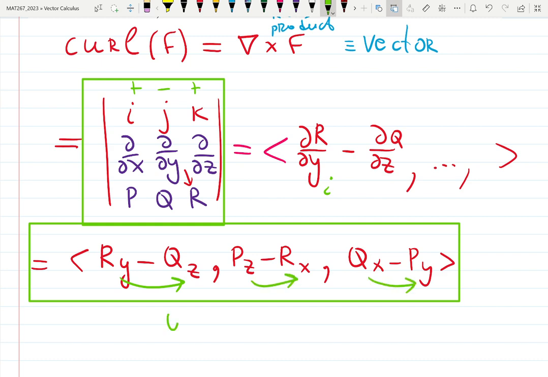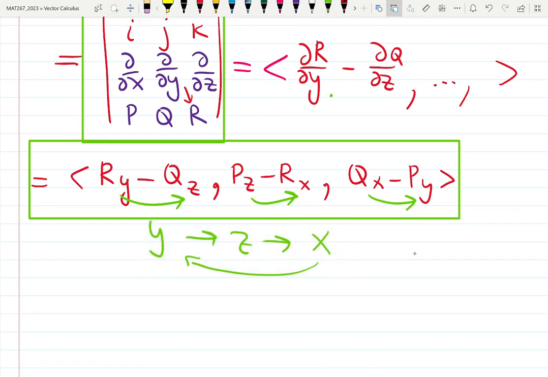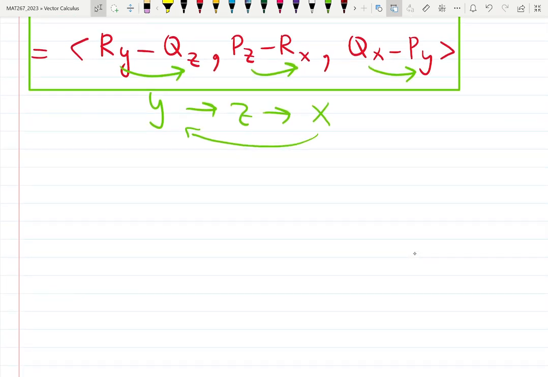So it seems like the order is y, z, x, and it goes back to y, like so. But I don't remember this box. I remember the determinant. Like so. So curl explains properties of curling, swirling, creating whirlpools. How cool is that? So let's practice finding curl, and then I'll show you some really awesome applications.